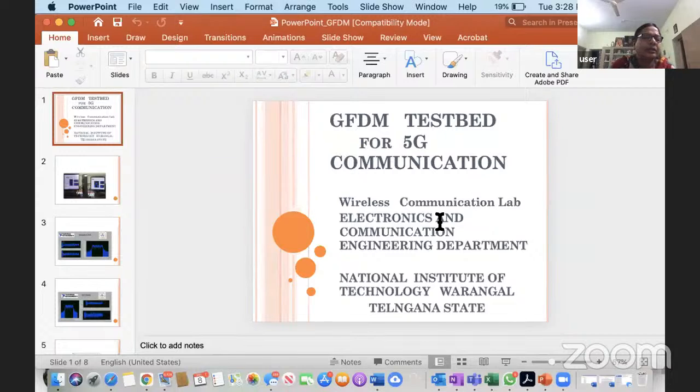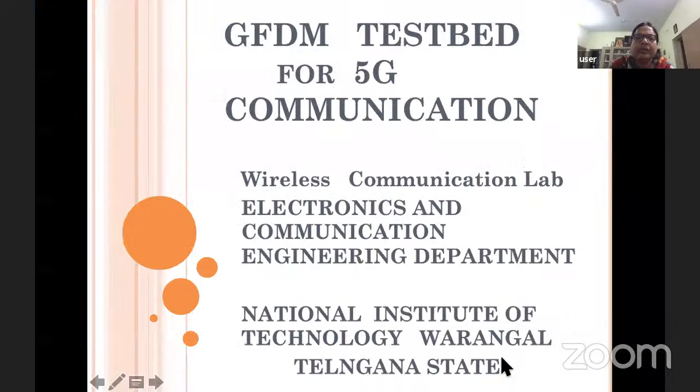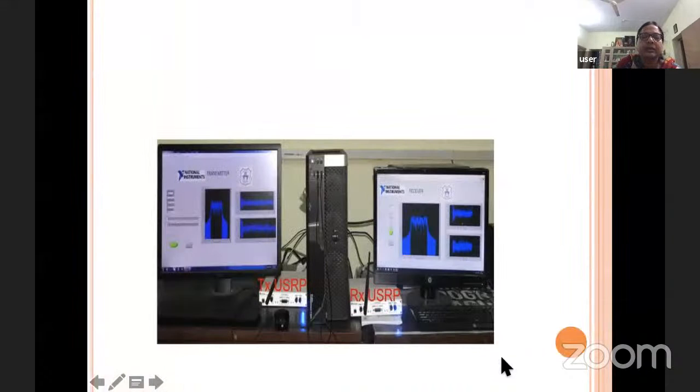So this is the work done in my laboratory. I can show you the test bed we have developed for 5G communication in our wireless communication laboratory of NIT Warangal. You can see we have used transmitter and receiver using USRPs, the real-time communication.